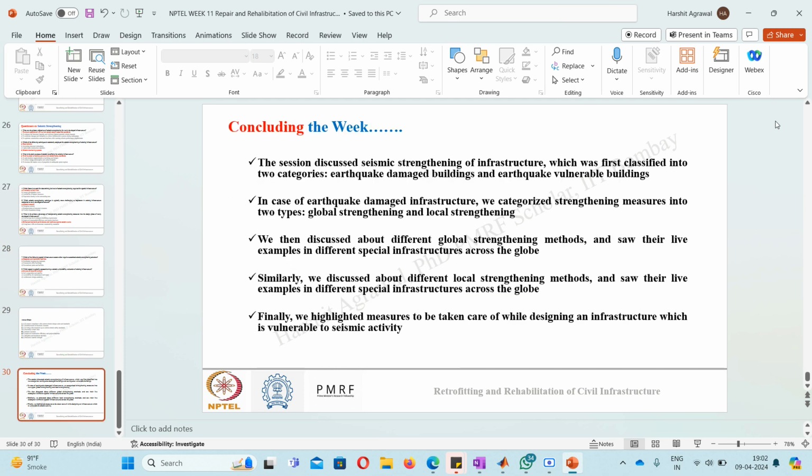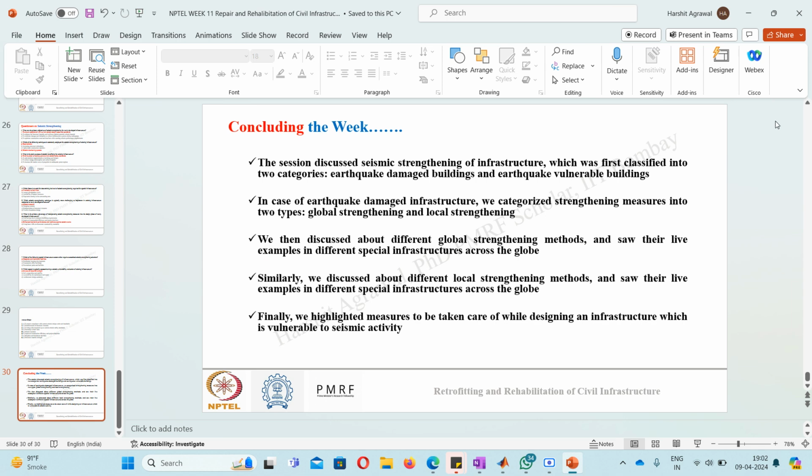Okay, so just concluding this session, we discussed two categories: earthquake damaged buildings and earthquake vulnerable buildings. In earthquake damaged infrastructure, we talked about global and local strengthening. For global strengthening, we saw different methods that can be provided and different special infrastructure across the globe where these methods were used.